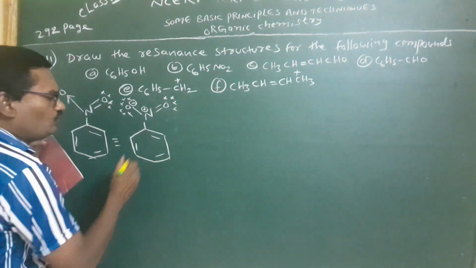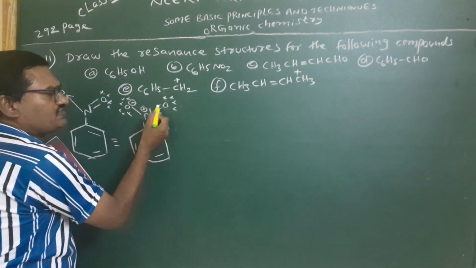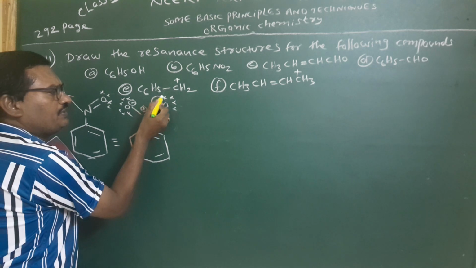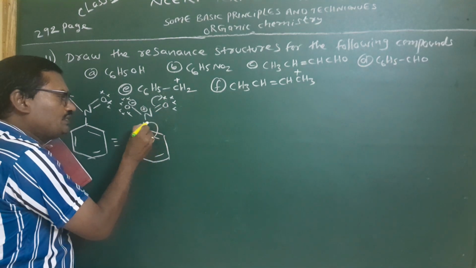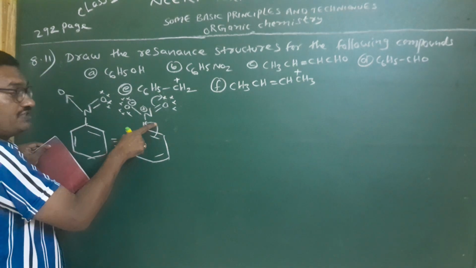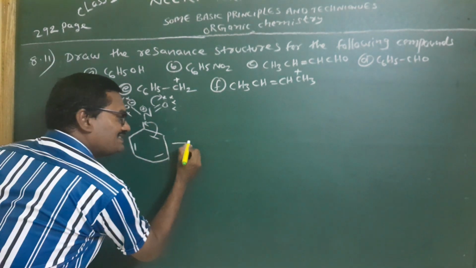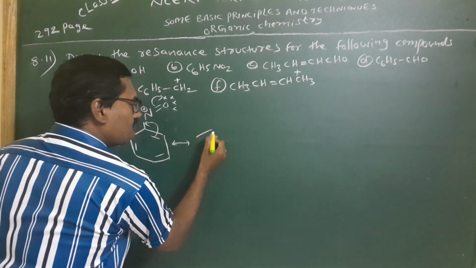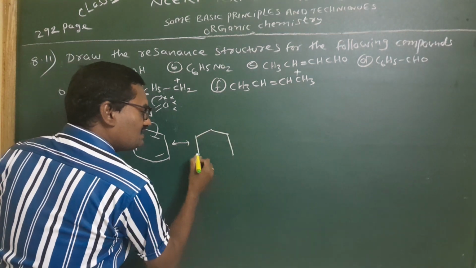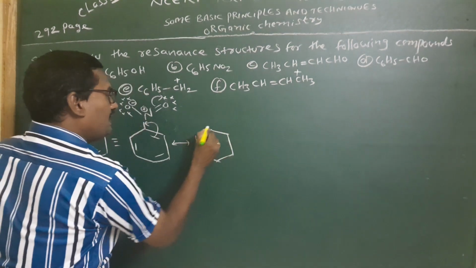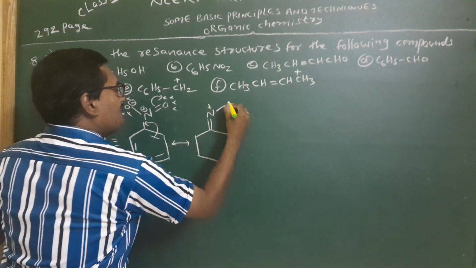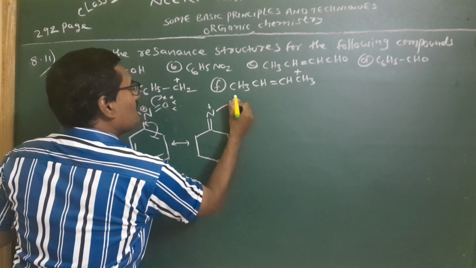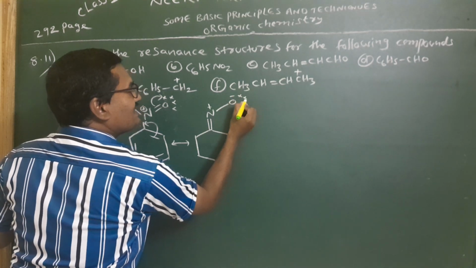Then the two electrons here: the first one, this pi bond jumps into this place, this oxygen. So this pi bond shifts into this place. So the resonance structure is: here double bond N plus, this oxygen contains minus and 6 electrons.